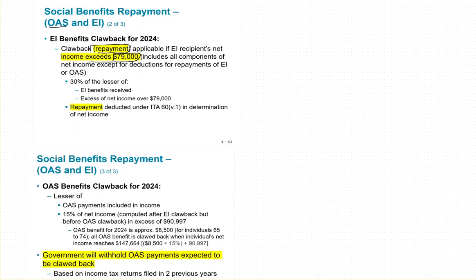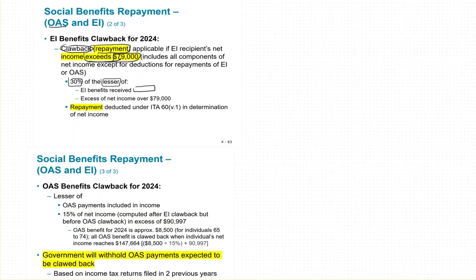So when that happens, these are EI benefit clawback payments. If your income exceeds 79,000, whatever EI benefits you received, or the excess of net income over 79,000, you take the lesser of the two, and then 30% of that will be your clawback.